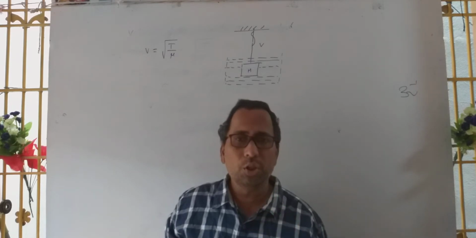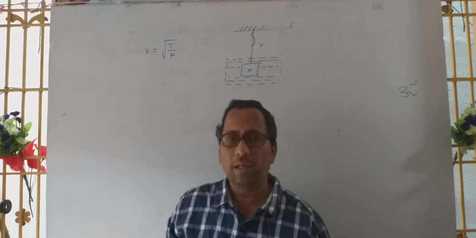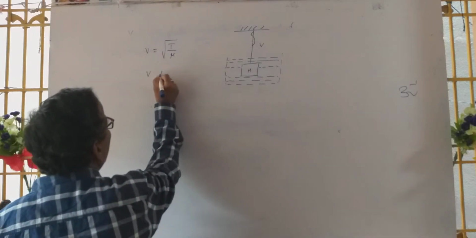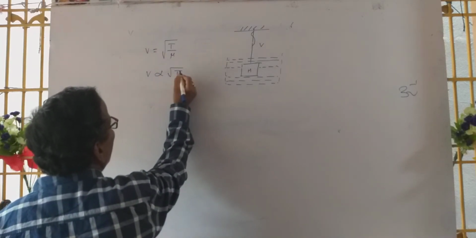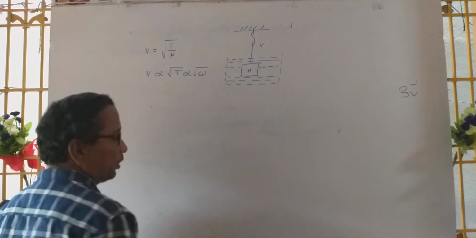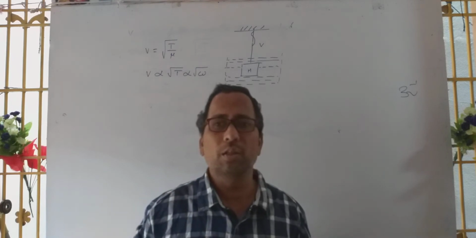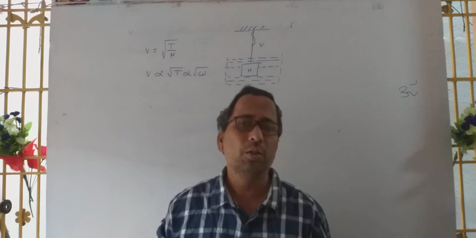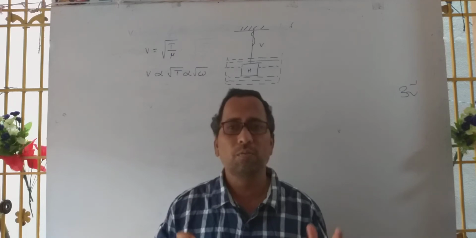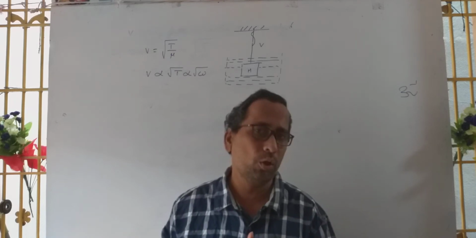There is no change in the mass and length even though it is immersed in the liquid. That's why we are taking mu as a constant. Then v is proportional to root of T, that is proportional to root of weight. Tension is produced in the wire because of the suspension of the block. That's why velocity is proportional to root of weight.